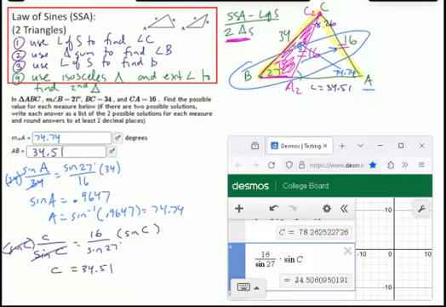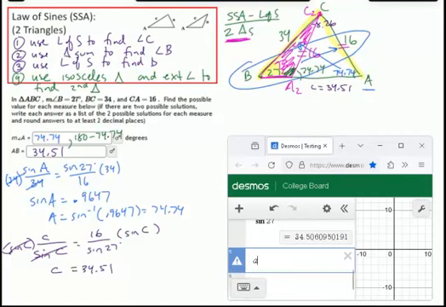The base angles of an isosceles triangle are the same, right? So that's 74.74, which means what's this new angle in here? What's my new angle A going to be? 180 minus the original angle A. And so that's going to give you your new angle A.